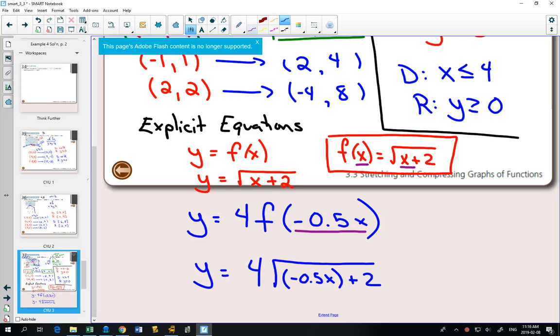So if you wanted to graph this into your graphing calculator, you could type this in. You can't type function notation into your graphing calculator. It doesn't help produce a graph. So we need explicit equations for that. Okay, questions for practice on this one are 7, 9, and 10.